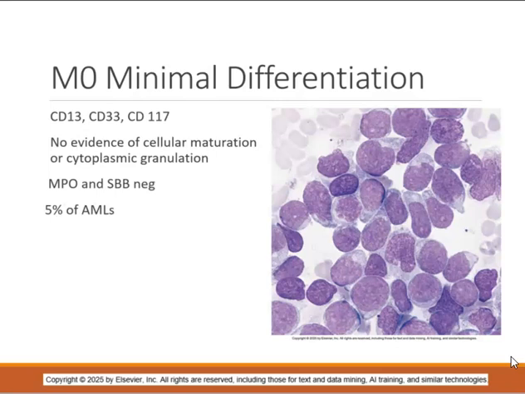You can see the CD markers that come with that: 13, 33, and 117. We don't see the good granulation that we should be seeing. We don't see how the cell's maturing. And this one is so not completely myeloid yet that the myeloperoxidase and Sudan Black B don't even come up positive. Of the AMLs, 5% of them are M0.